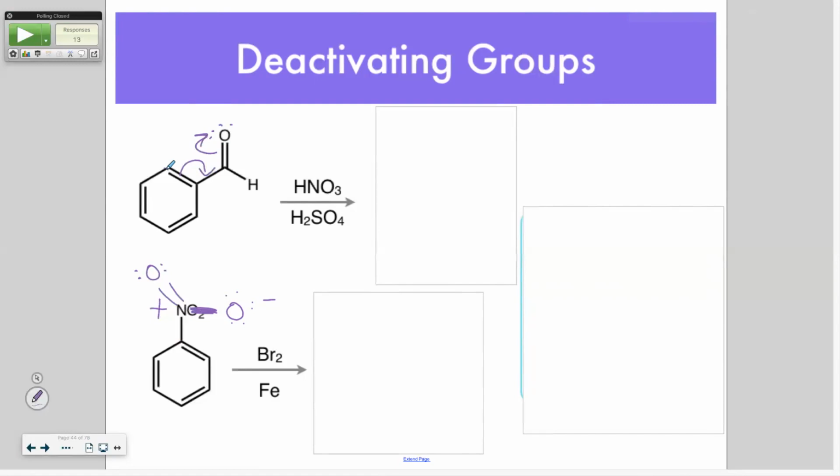A plus. Okay, so it's pulling electron density out of the ring. Okay, so if we add HNO3 and H2SO4 to this, first of all, what does HNO3 and H2SO4 put on the ring? NO2, good. Notice that it goes meta.